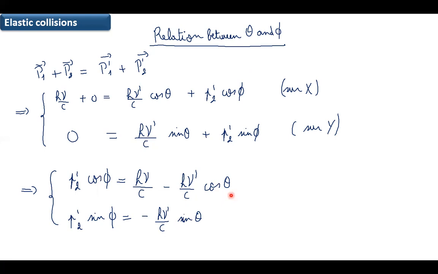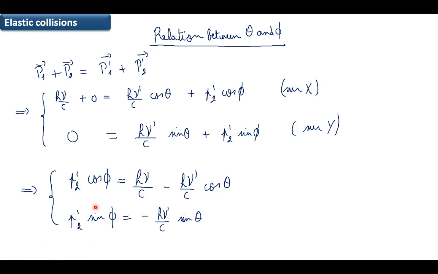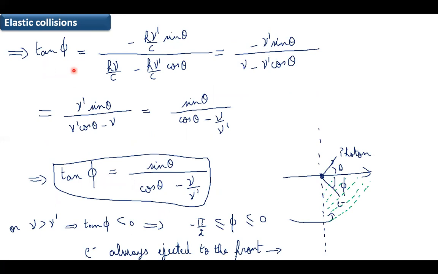So we can calculate the tangent of these angles. Tangent phi: if you divide this equation by this equation, you get tangent phi equal to minus h nu prime over c sine theta over (h nu over c minus h nu prime over c cosine theta). You can simplify by an h over c, so minus nu prime sine theta over (nu minus nu prime cosine theta).